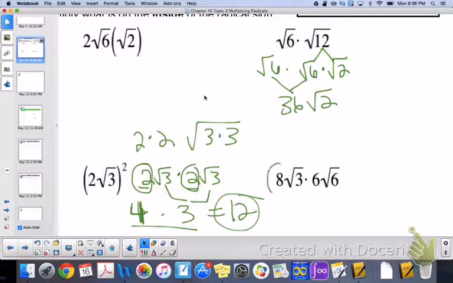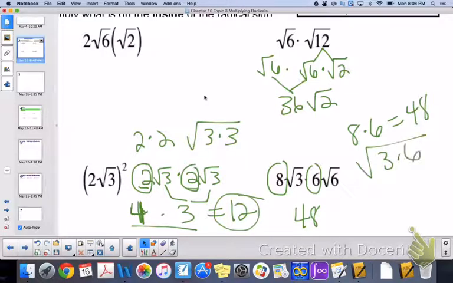The next one, what's on the outside? 8 and 6. So 8 times 6 is 48. So we're going to have 48 on the outside. And then what's on the inside? 3 and 6. You can just multiply those. You get root 18. Now we just have to simplify 18. What perfect square goes into 18? 9. Good.